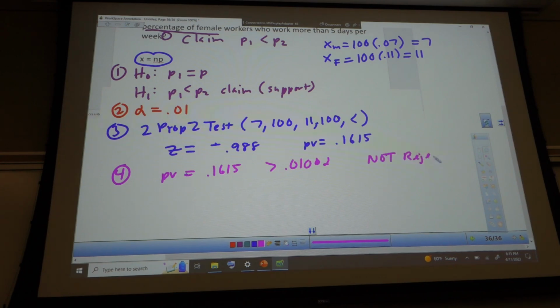H naught, which means that there is not enough evidence to support the claim that the percentage of males who work overtime is less than the percentage of females.